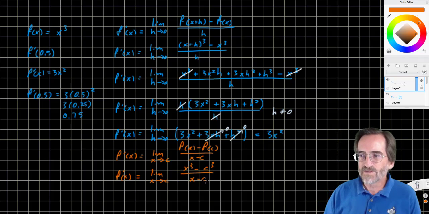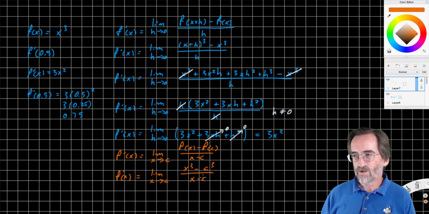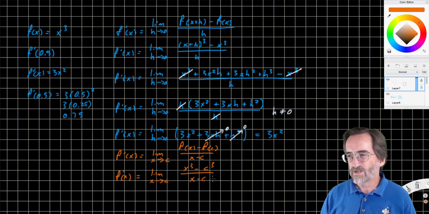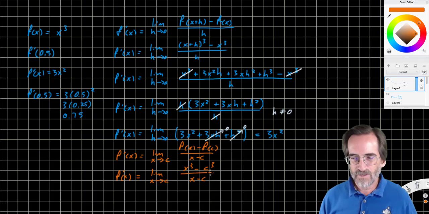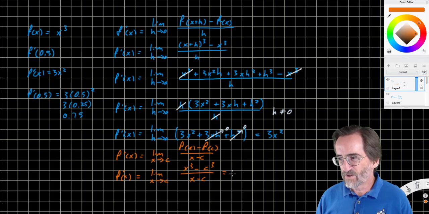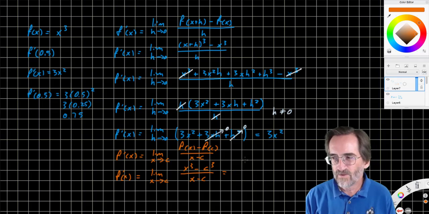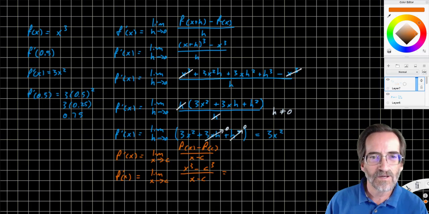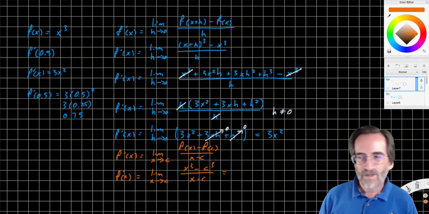And the only way this is going to possibly work is if the top factors to make the bottom. Now there is a pattern called a difference of cubes, and I do believe that might simplify here. Let's check a little bit. Let me do some research.